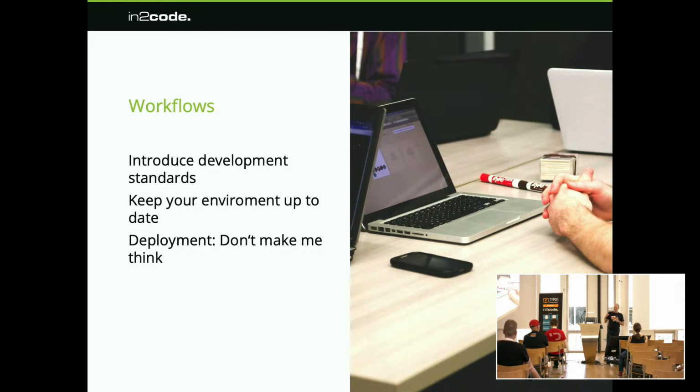So if you had to deploy a project, it took you plenty of time to find out how to get that code to the live server. Then we invested quite a lot of time to harmonize everything, and now we have one workflow within GitLab and Deployer, and it's very visual. I think every one of us can now deploy a project, and that is also a big time saver.